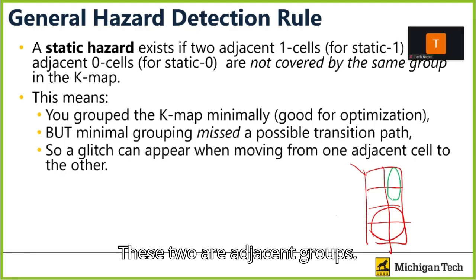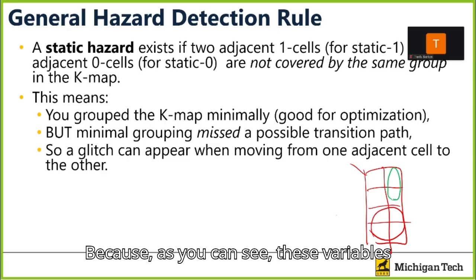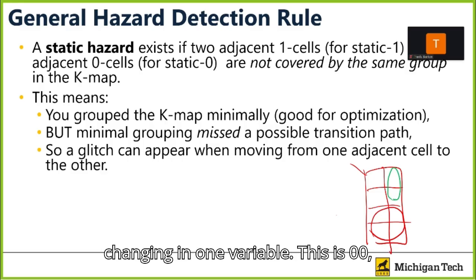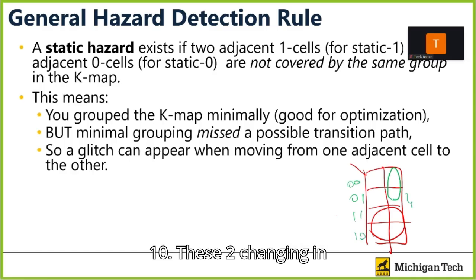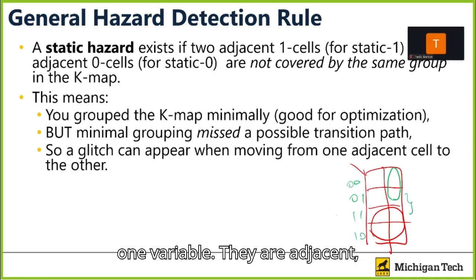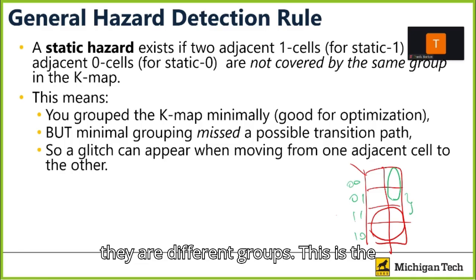These two are adjacent groups because, as you can see, these variables change in one variable. This is 0 0, this is 0 1, this is 1 1, this is 1 0. These two change in one variable. They are adjacent, but they are different groups.